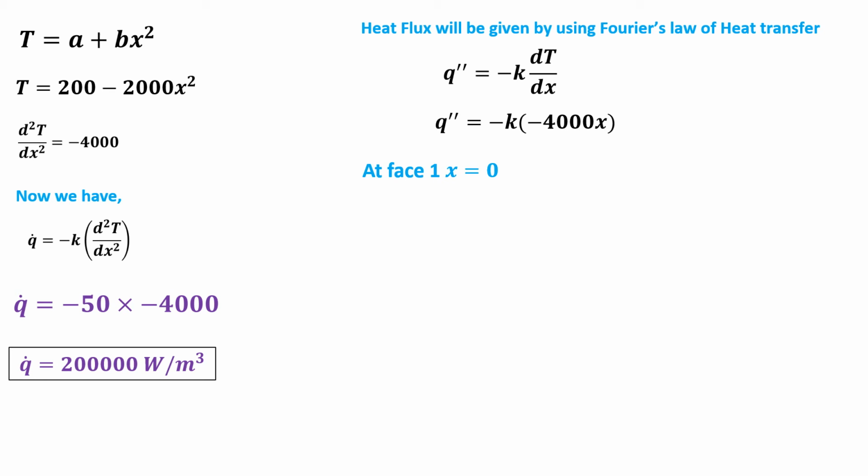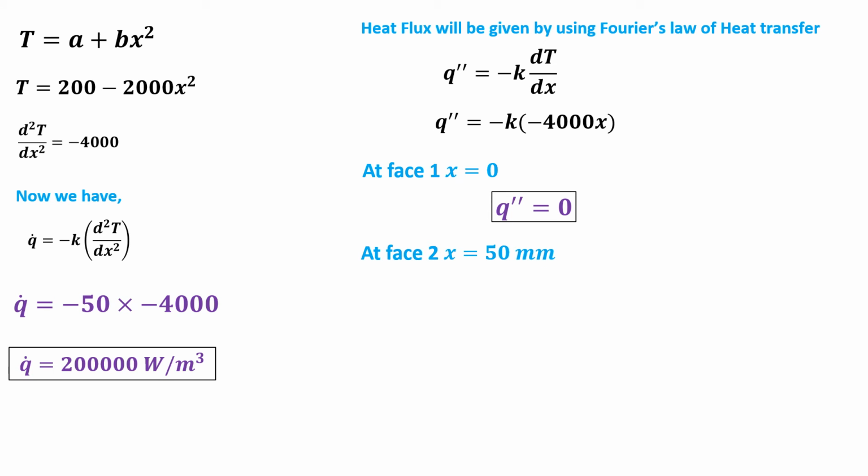At phase 1, where x is 0, you can rewind this video and check. By substituting x equal to 0 in the equation of heat flux, at phase 1 it comes out to be 0.